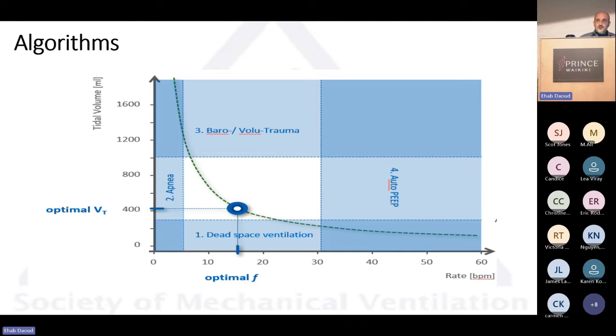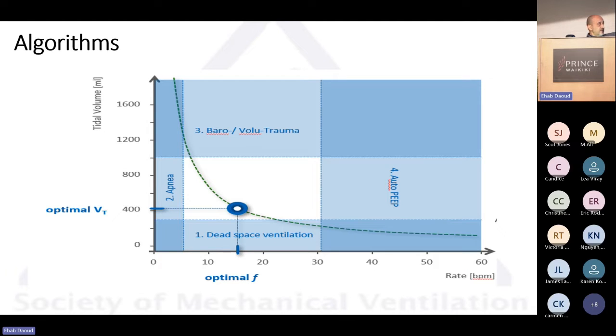The ventilator, according to the algorithm, will determine what's a good tidal volume for that person and what's a good respiratory rate. If you go to number 1, which is down here, the tidal volume goes very low, now you're breathing dead space, which is not good. If you go to the left, number 2, that's a very low respiratory rate, you're becoming apneic, so that's not good.